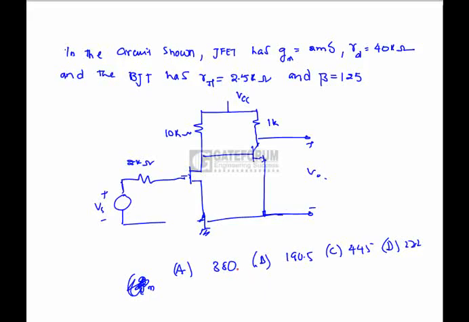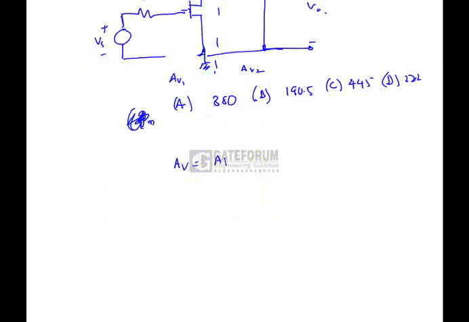In the circuit shown below, the JFET has g_m of 2 millisiemens and r_d of 40k, and the BJT has r_pi and beta. Here we know that this is the first stage. This is A_V1, this is A_V2. Total A_V is nothing but the first gain multiplied with the second gain.